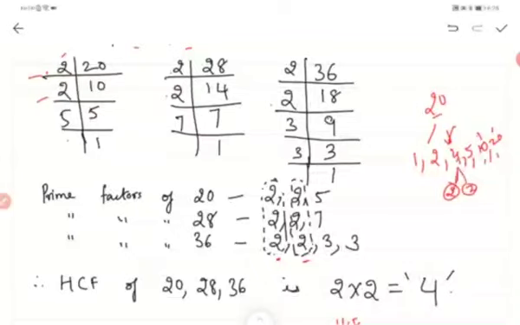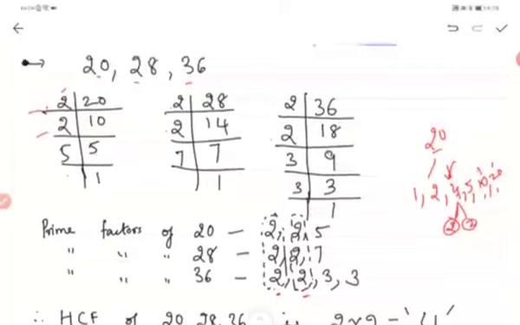Okay, so prime factors, the method to find them is the division method or the T model, which we have discussed in the last video. Hope you understood. You have many factors for 20 other than 2 and 5, like 10 and 20, but these factors are not prime.